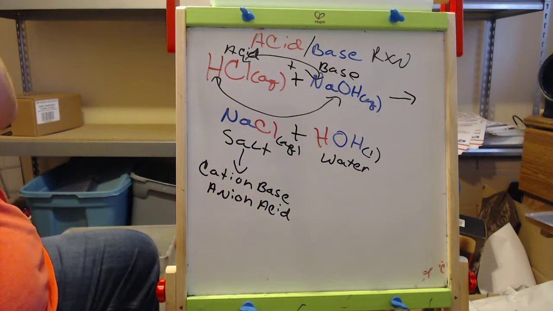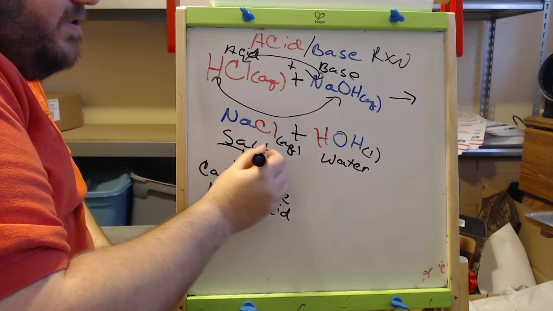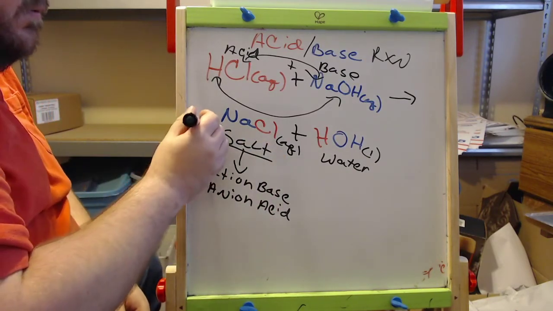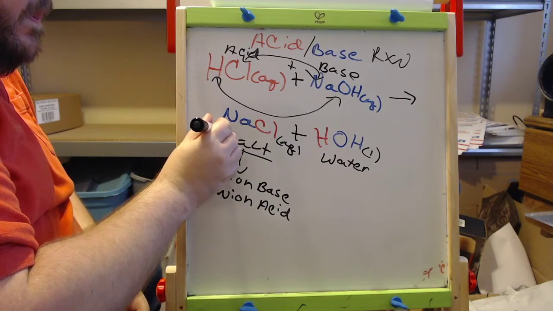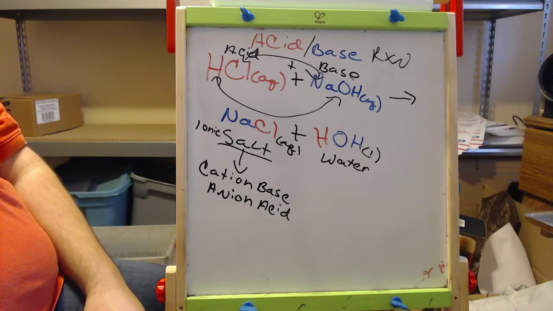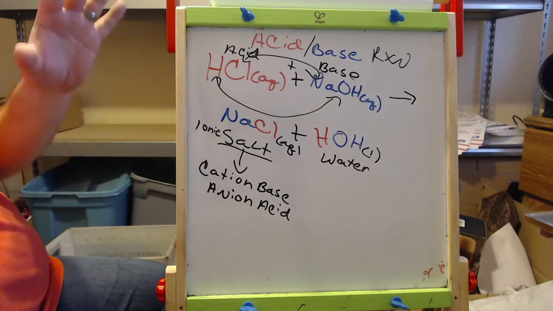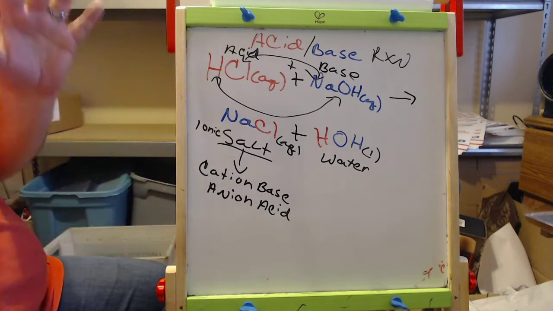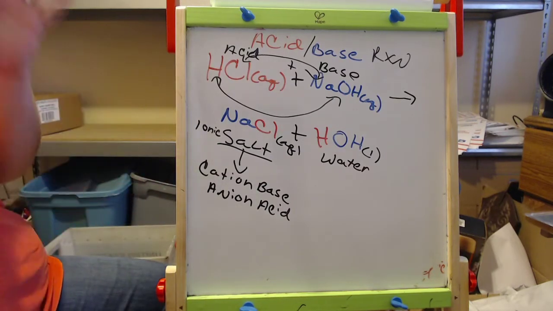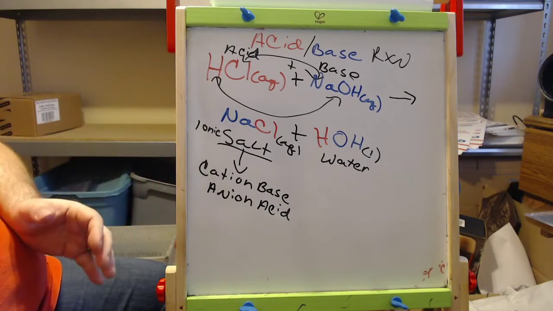Every time a strong acid reacts with a strong base, I always get some ionic salt and water. My net ionic equation, every single time, is going to be the formation of water if I have a strong acid reacting with a strong base.